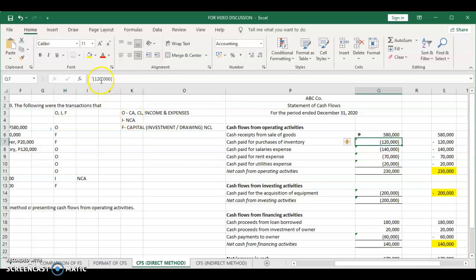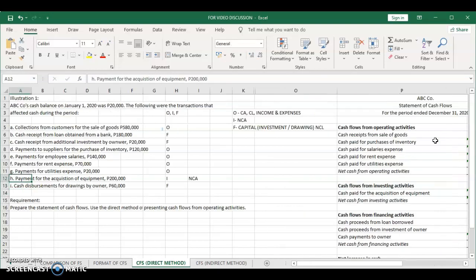I did it with the apostrophe, then open parentheses, then we type the amount, then close parentheses and enter. That's it. Dito naman, naggawa lang ako ng formula kasi minus ko lang siya, para pag dito sa baba, immediately I can copy the answer, at least 230,000. And then, let's proceed with the investing activity.